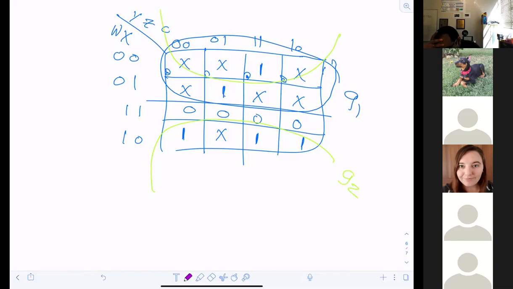I understand what you say, but what I'm giving you is the best optimization. You cannot leave that one by itself; you have to do it in the more efficient way. Putting all X's as 1 made me put this one and this one together in a big group, right? Then that X also helped me group those 2 ones in a bigger group as well. Okay, got it, thank you.